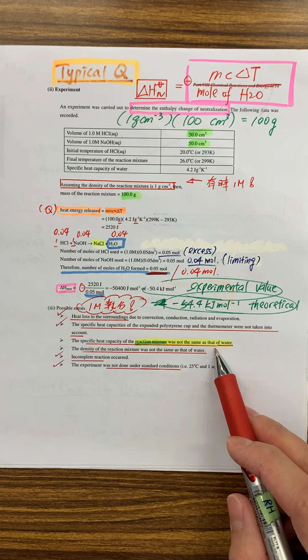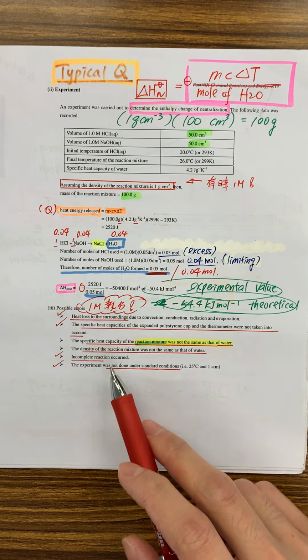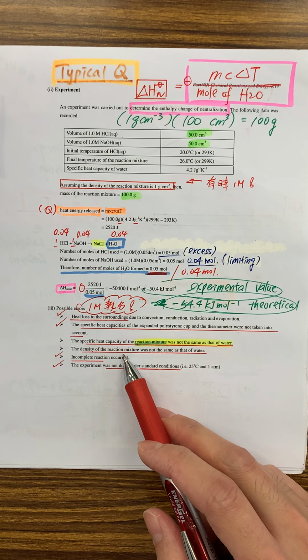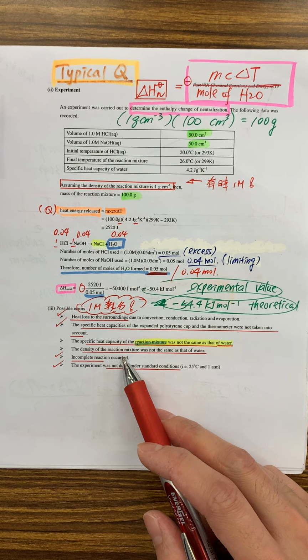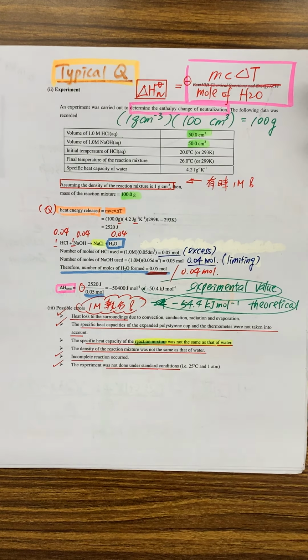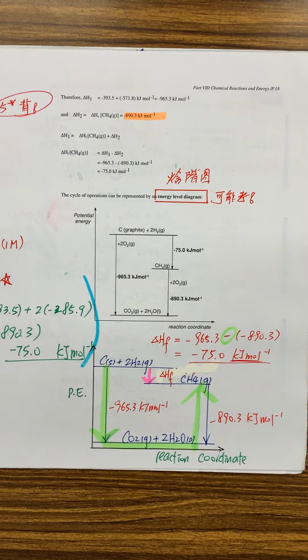The density is assumed the same as water, which is actually not. Incomplete reaction might occur, but this is quite rare because neutralization is often complete, except when a weak acid or weak alkali is involved. Practice makes perfect. Next page.